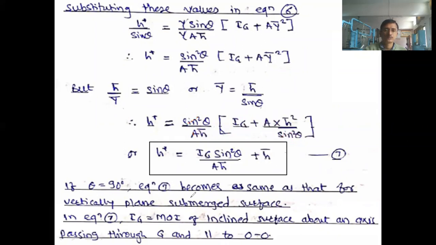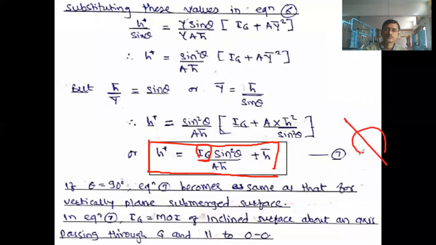Okay, now this is our final equation for finding h star. H star is nothing but the distance of Cp from the free liquid surface. And this Ig is nothing but the moment of inertia about the centroidal axis, which is parallel to the imaginary axis that we have drawn there.